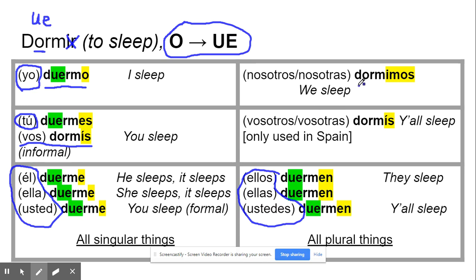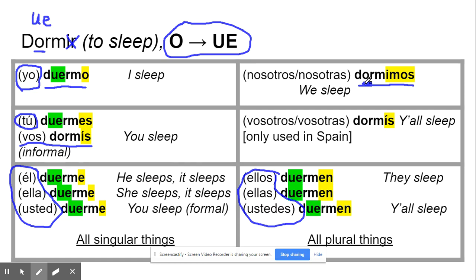We have the word dormimos. And again, that O did not change because there's not a stem change ever in nosotros form. We don't change the O to a UE in nosotros form. We just keep the O. And we added our regular IR verb ending for nosotros, which is imos.